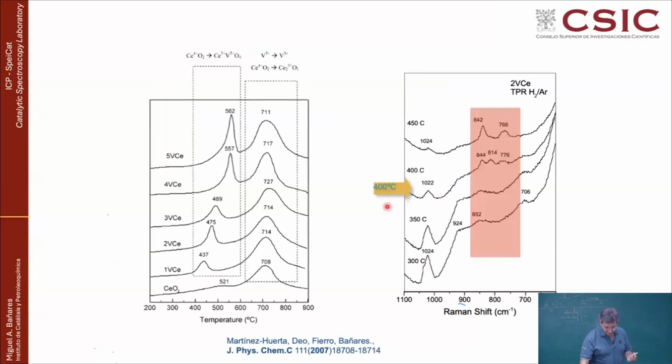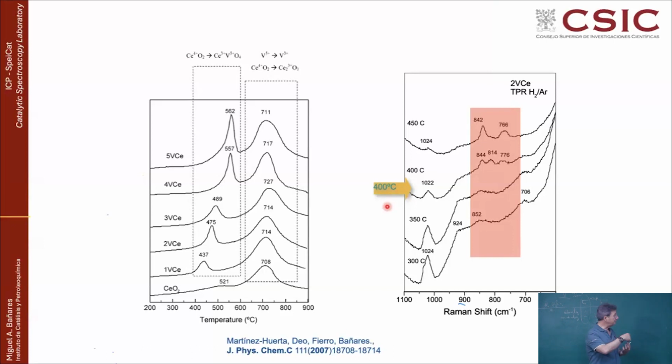So when you look at the TPR of the vanadium oxide on ceria, the first thing we thought was, okay, this hydrogen consumption during the TPR of vanadium ceria is obviously the reduction of vanadium. And that's what I told my student, and she was happy, and I was happy. But then, when we started to make all the studies, we realized that vanadium never reduces on ceria.